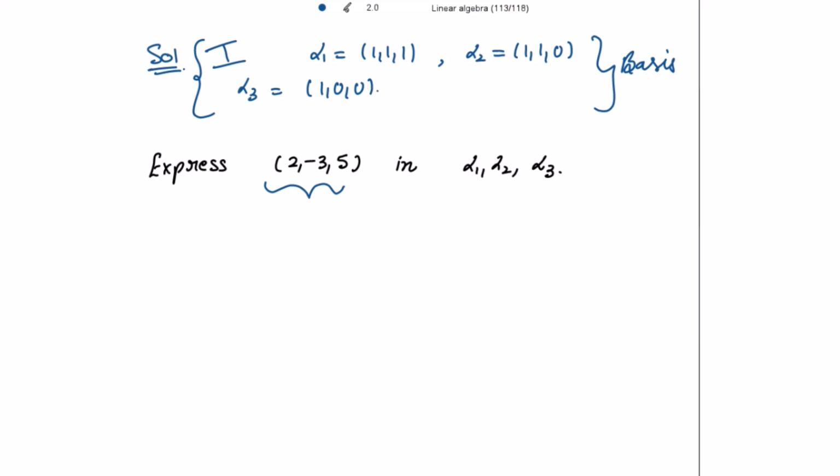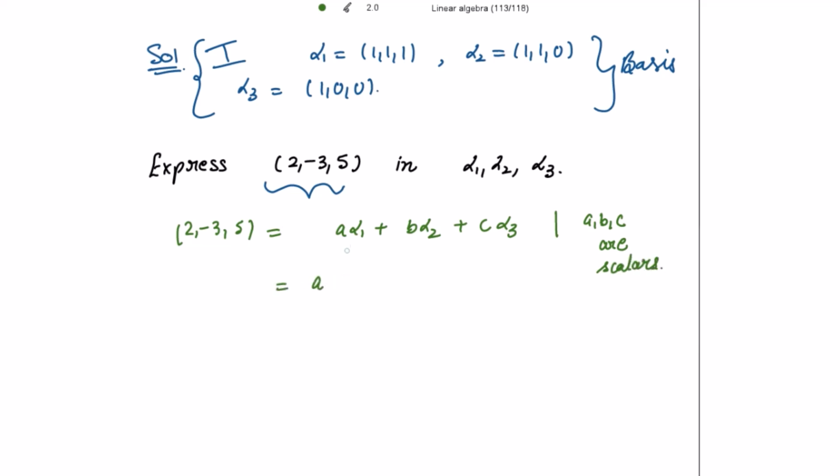For that, we can write this 2, minus 3, 5 vector as A alpha 1 plus B alpha 2 plus C alpha 3, where A, B, C are the scalars we have considered.